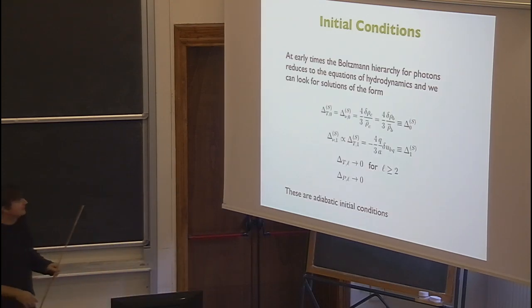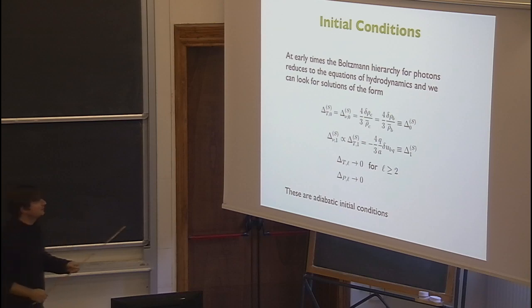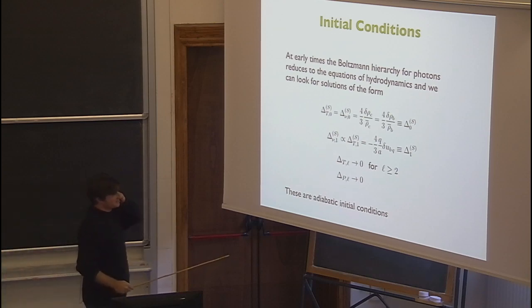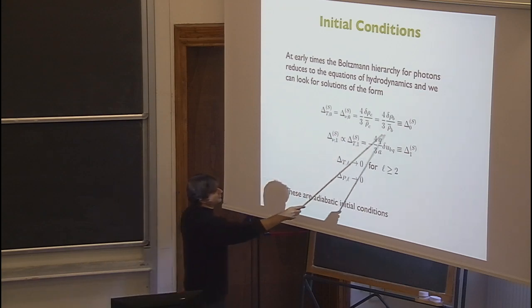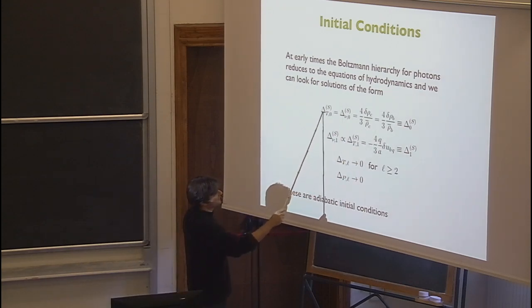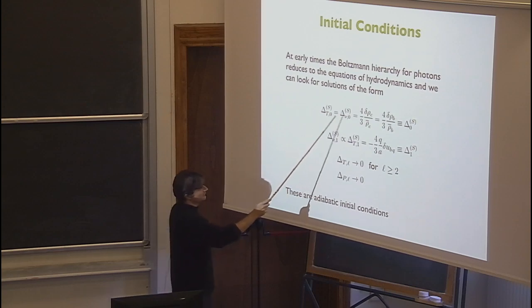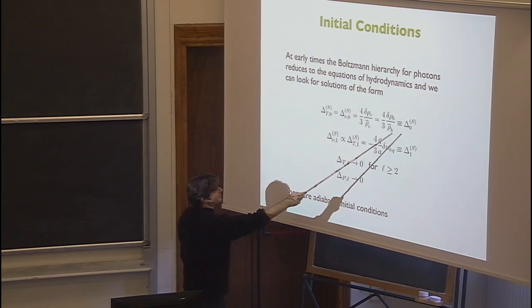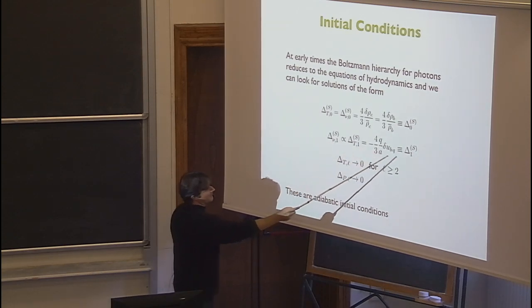It's not difficult, but it takes a little while to work out. You can just sit down, take those equations, take the limit, and you see that there's a solution where all the perturbations are proportional to each other. All the density contrasts are the same in photons, neutrinos, cold dark matter, and baryonic matter, and all the velocity potentials are the same.